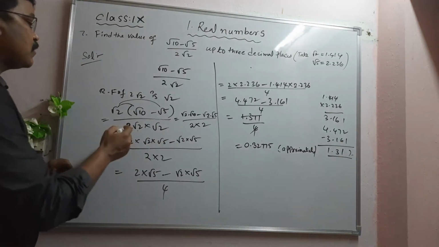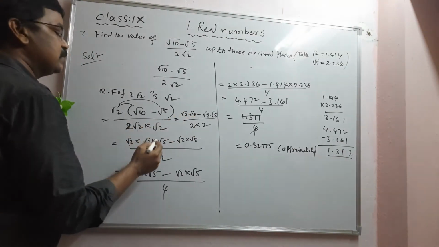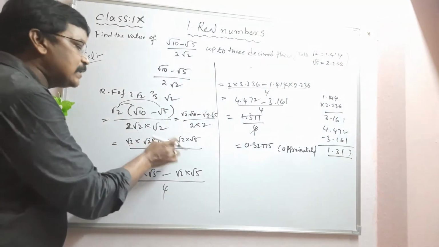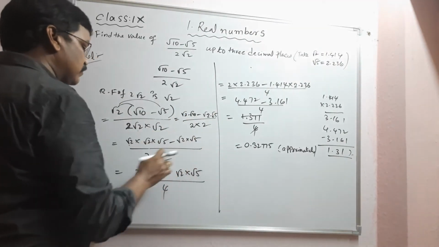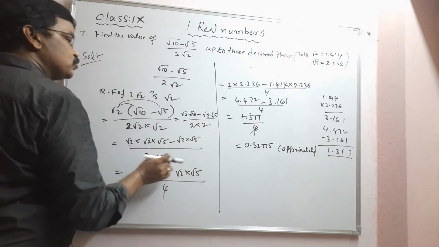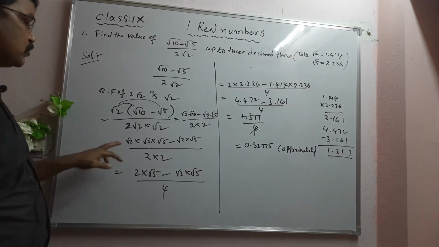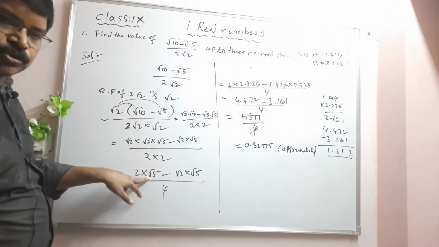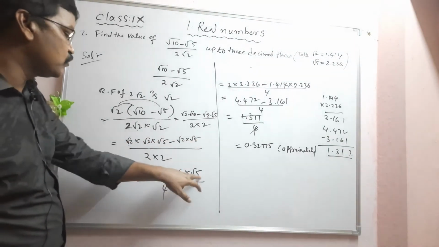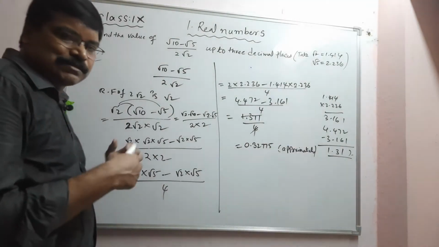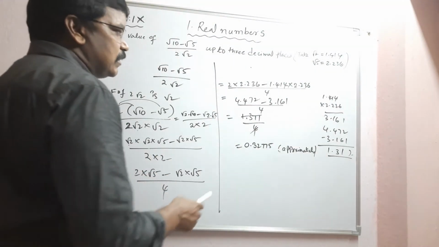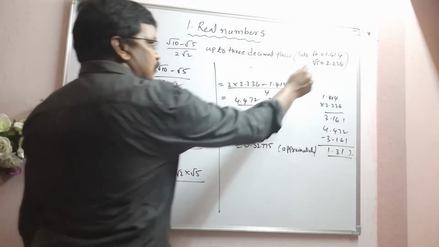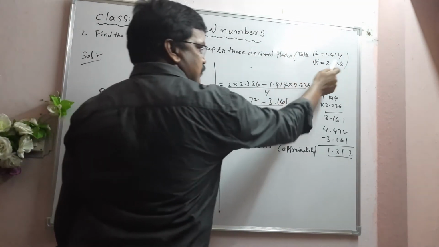Now this root 2 times root 10 can be split as root 2 times root 2 times root 5, minus root 2 times root 5, by 2 times 2, that is 4. This is root 2 into root 2 is 2, into root 5, minus root 2 into root 5, by 4. Let us substitute the values of root 2 and root 5 in this step. Root 2 is 1.414, root 5 is 2.236.